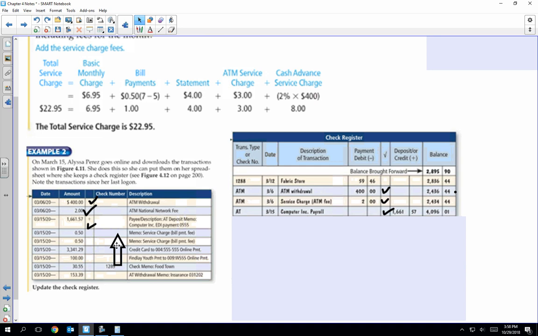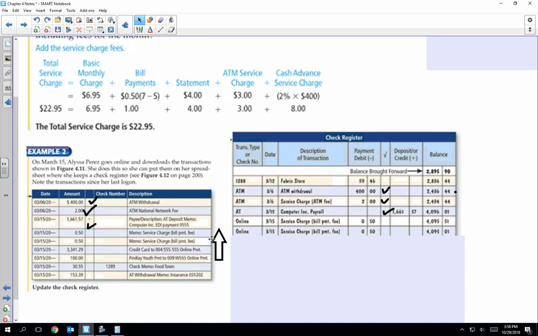The next thing we're looking for is the service charge. And we do. We have these two service charges. So we're going to check them off in both places. We subtract 50 cents from 4096.01 to get 4095.51, and then subtract 50 more cents to get 4095.01.